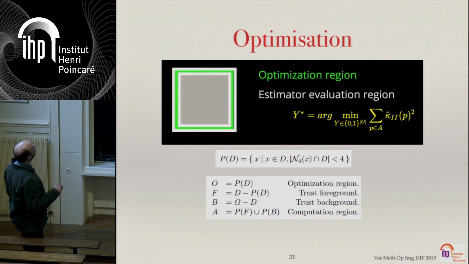Here, what we want to optimize is really the region, a binary set Y, which can be any combination of white and black pixels, 0 and 1 values, such that the curvature at this new boundary is minimized. So that's easy to express in some sense.